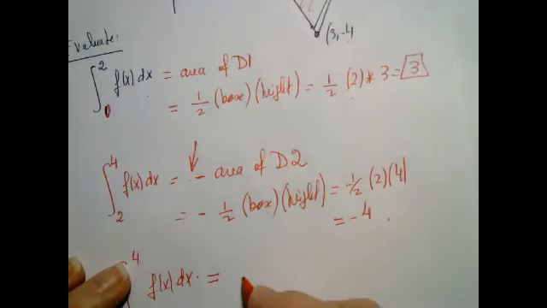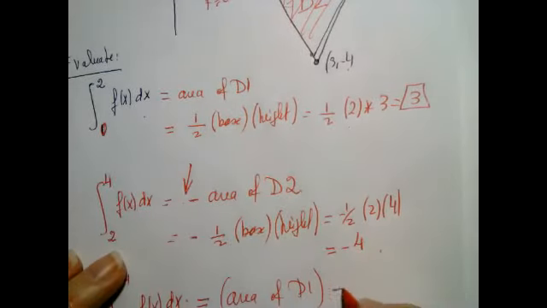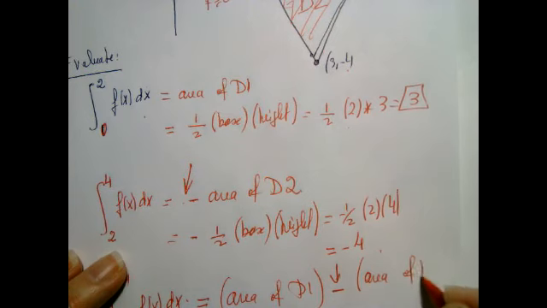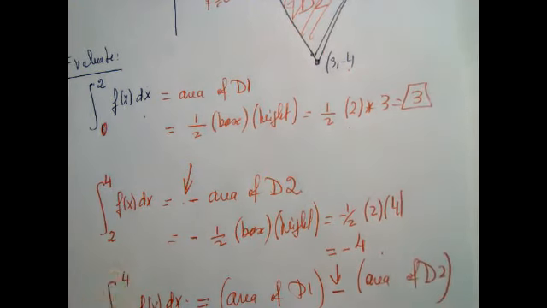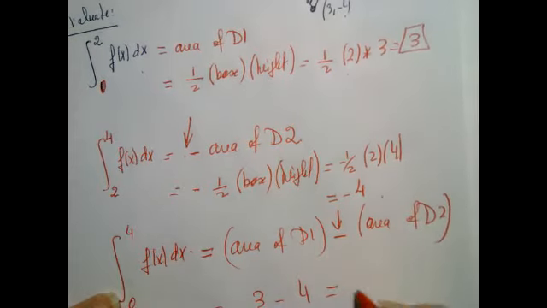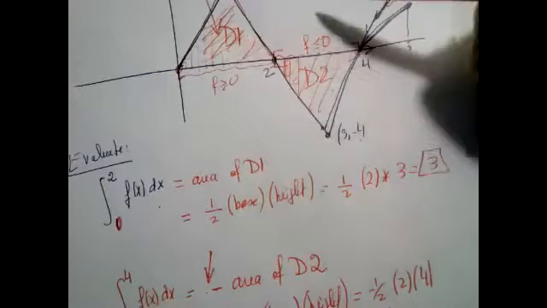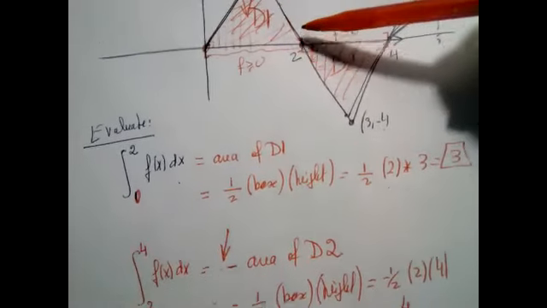It's going to be the area of D1 minus the area of D2. The area of D1 is 3, minus 4, which is negative 1. This area is larger than that, even though in the picture it doesn't show that much.